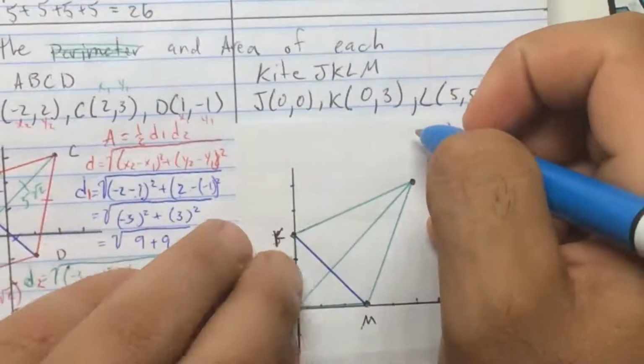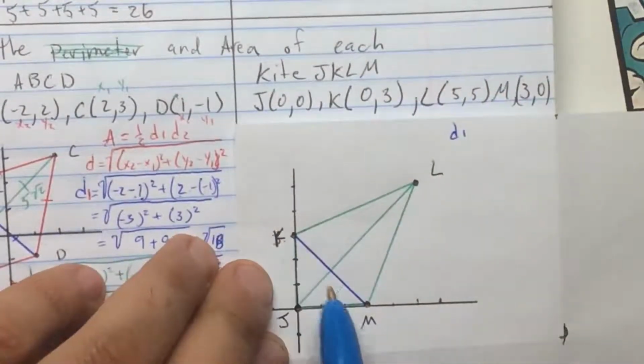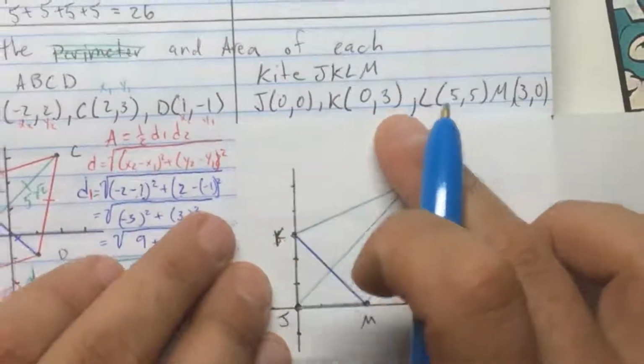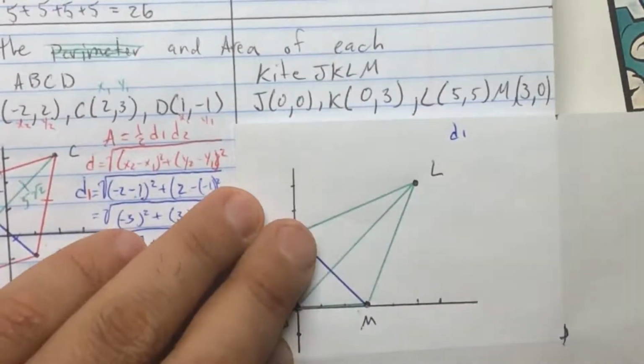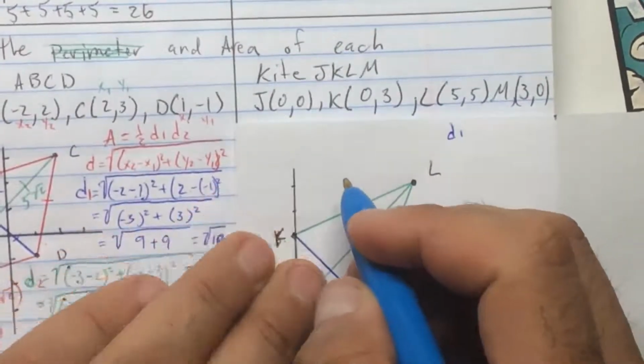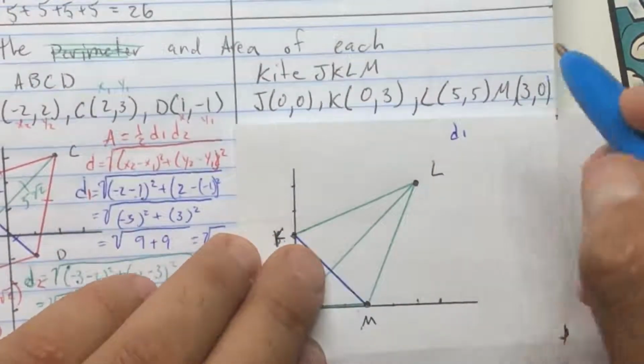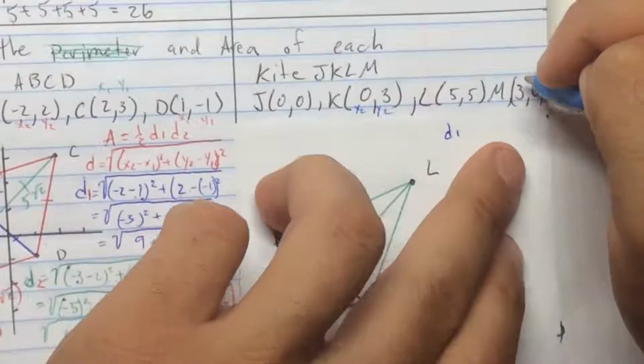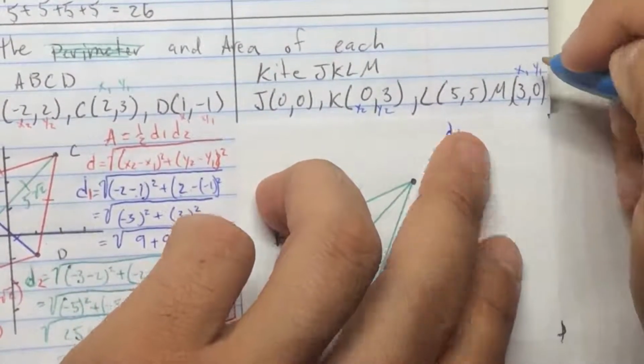So our D1 is going to be our K and our M. I'm going to use our K as our X2 and Y2, and our M as our X1, Y1.